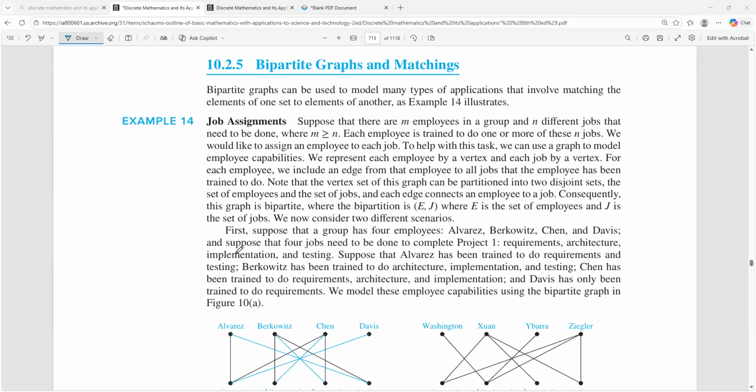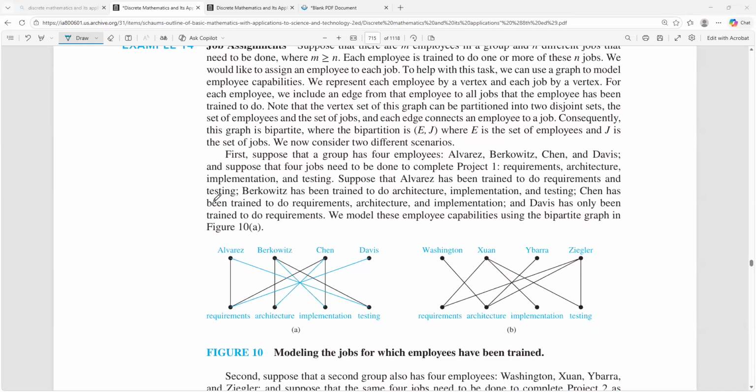Sorry. So when it comes to matchings, let's think about it in terms of jobs. A matching, and this will end up being a big thing when you learn in 2023, the stable matching problem and the stable marriage problem.